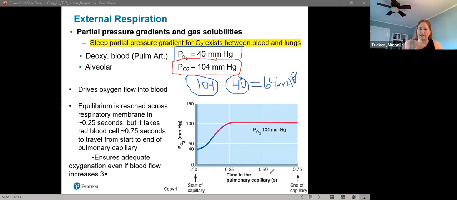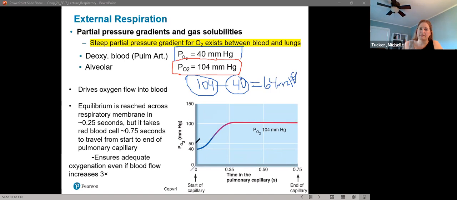This is the amount of time that a red blood cell, assuming it's traveling along and not stuck in the capillary, could be exposed to alveolar air: up to a second.